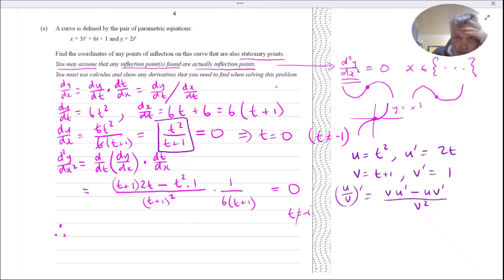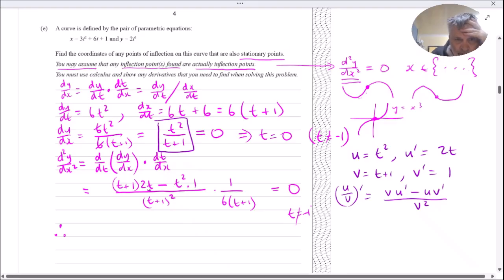We can see that the numerator has got a common factor of t, so we can take that common factor out. So it's t times 2t plus 2, and then minus, there's going to be 1t here, has to be 0.